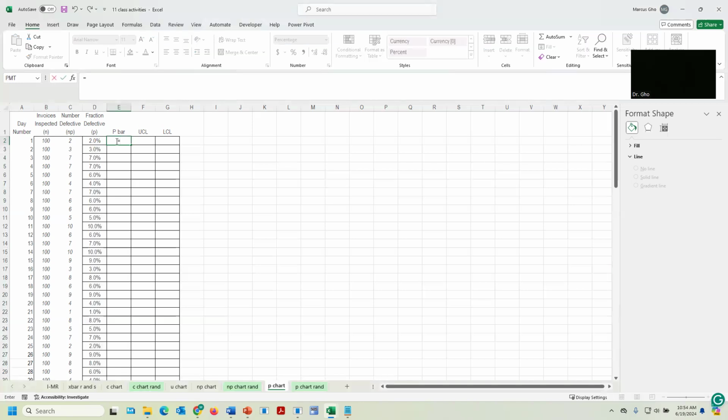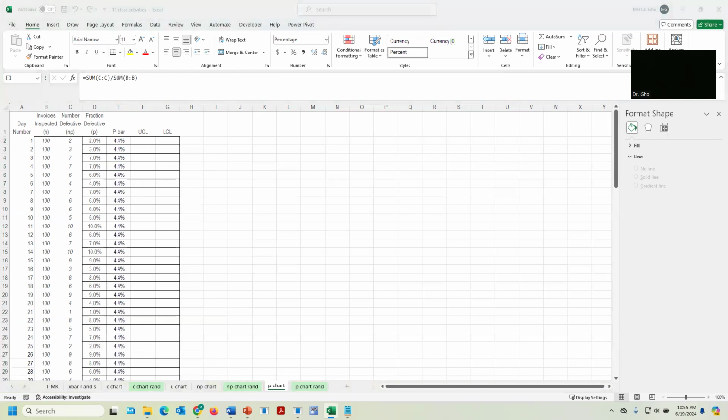So I'm going to do the sum of C divided by the sum of B, that gives us an average value. Then I'll just copy that all the way down. I guess I could copy that. Well, either way.